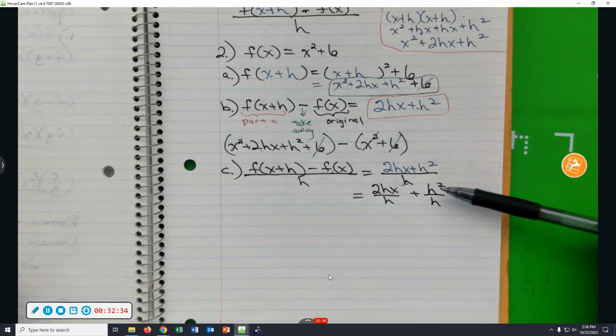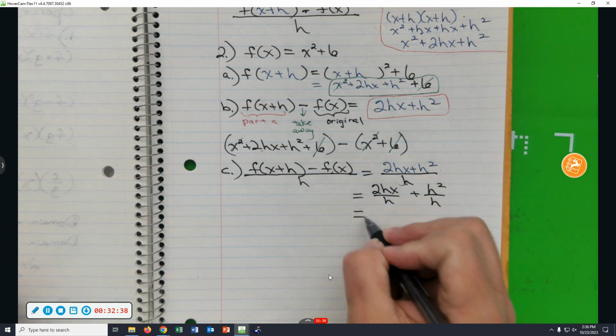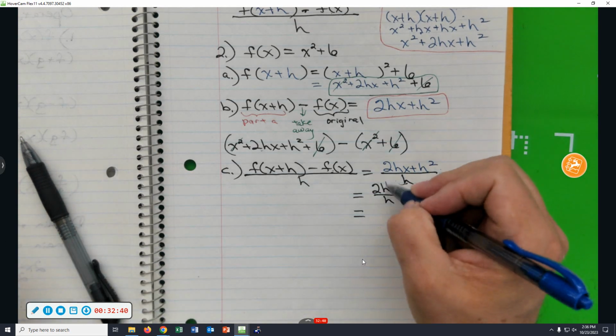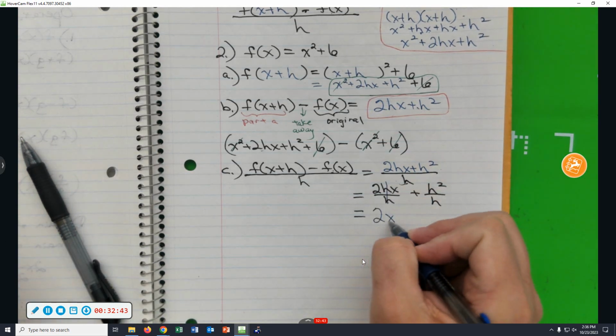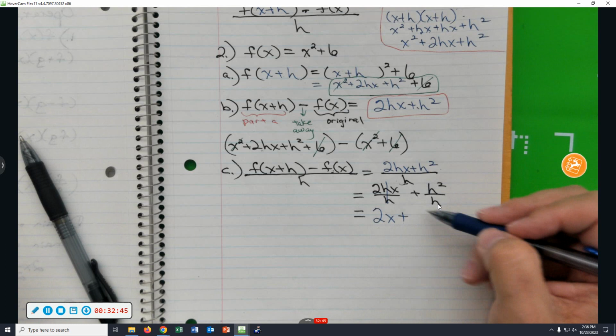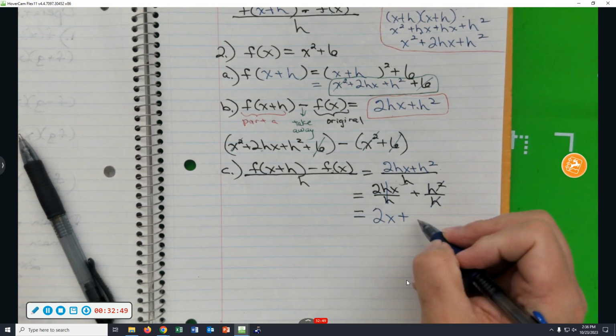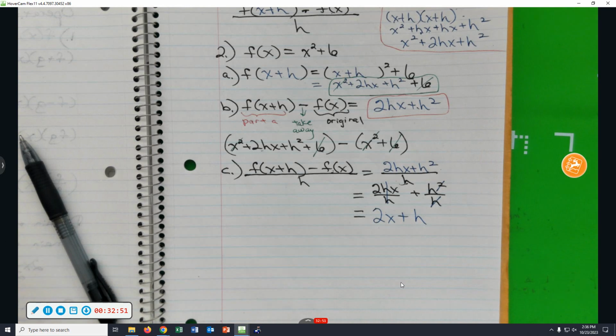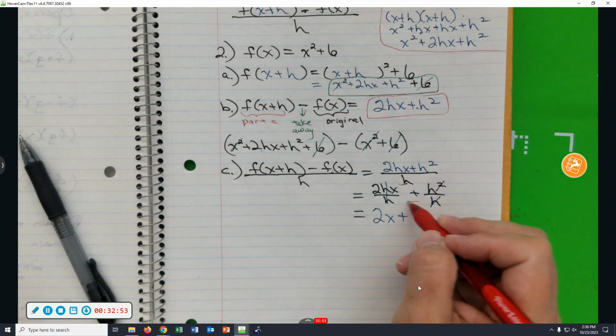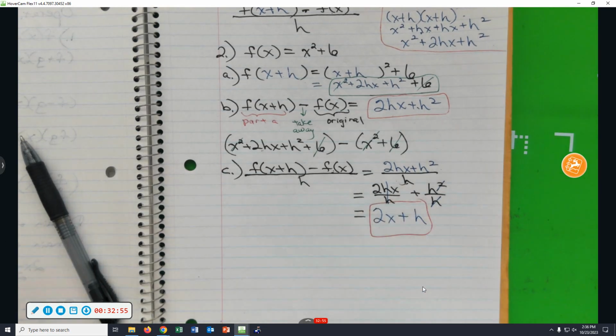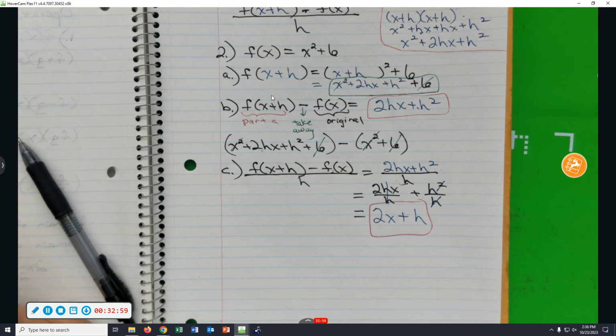We'd split up and cancel individually, to give us, you can cancel the h here. That leaves us a 2x plus, what's this going to leave us? You cancel an h above and below, you still have an h remaining, for 2x plus h.